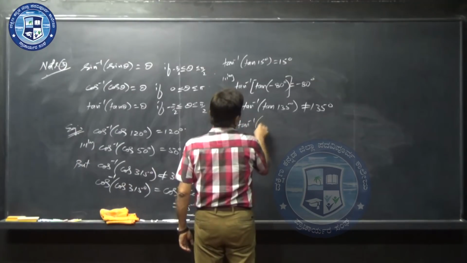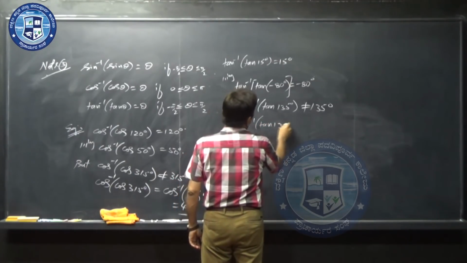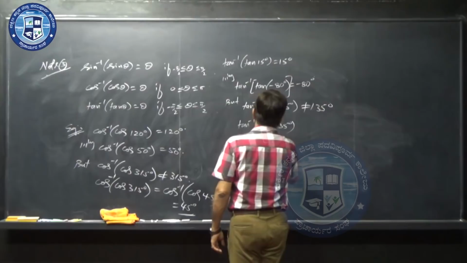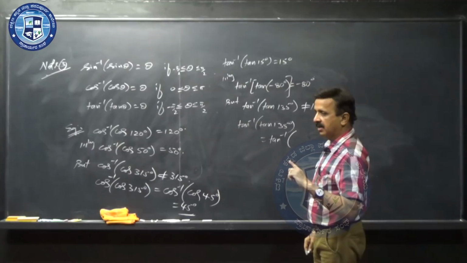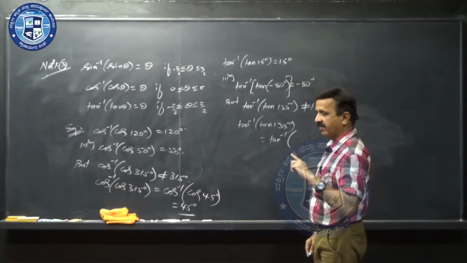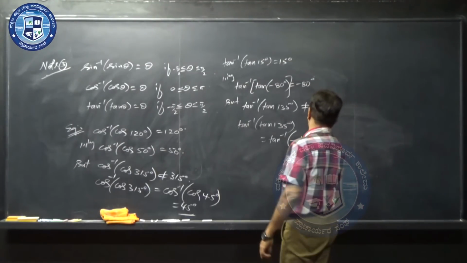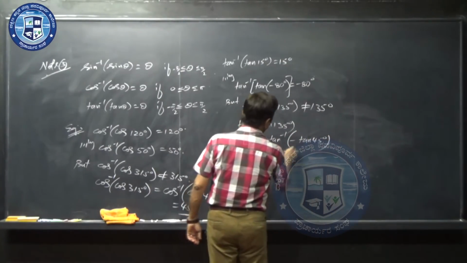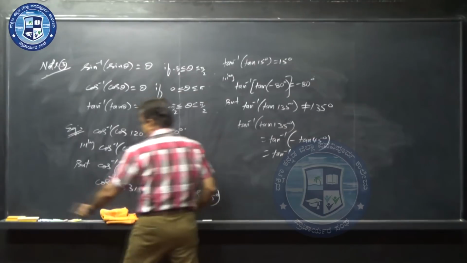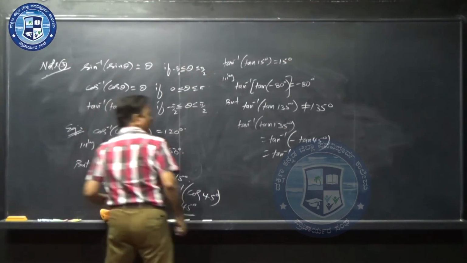Tan inverse of tan 135 is tan inverse of tan of 180 minus 45. Tan of 180 minus 45 is in the second quadrant, where tan is negative, so it is minus tan 45. You can work this out in two ways.